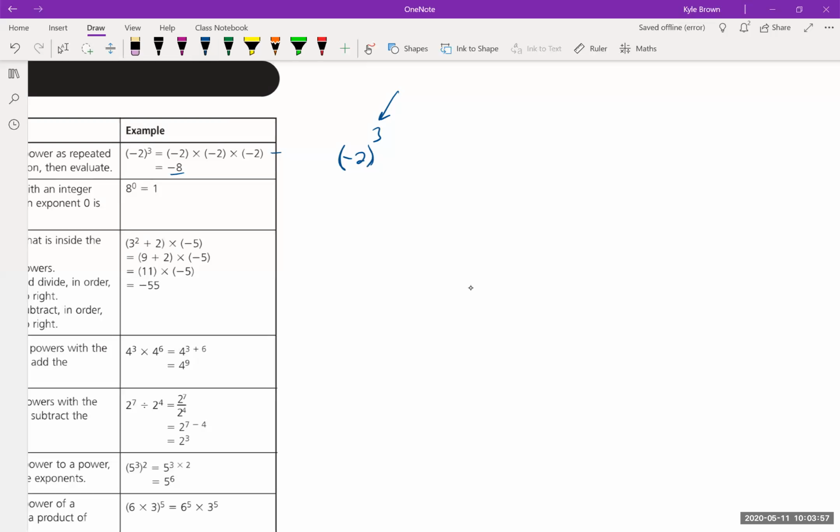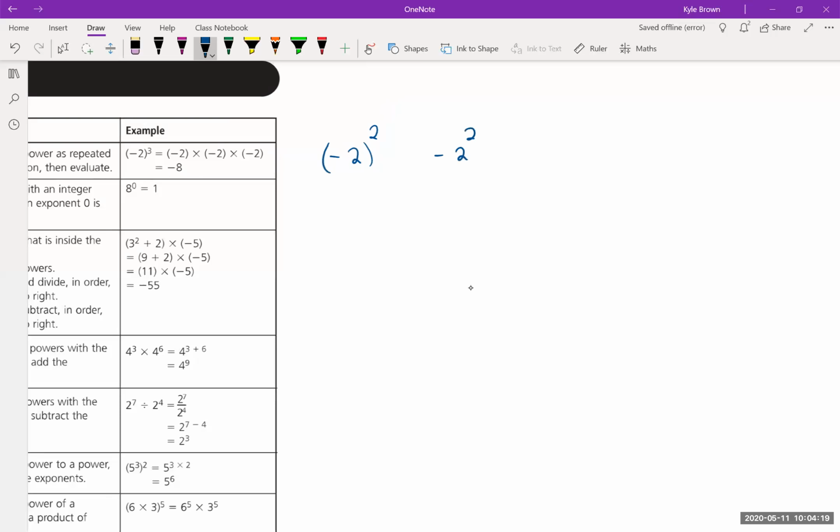Now, careful, because this is always the most confusing part. It confuses kids so often. Compare (-2) to the power of 3 and -2 to the power of 3. Actually, it's a bad example because they end up being the same, so let's just go squared.